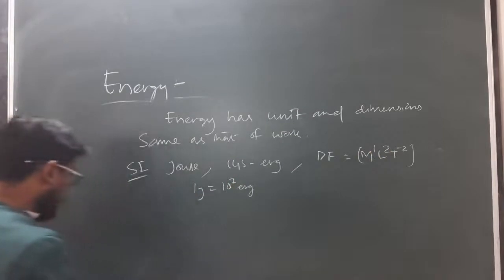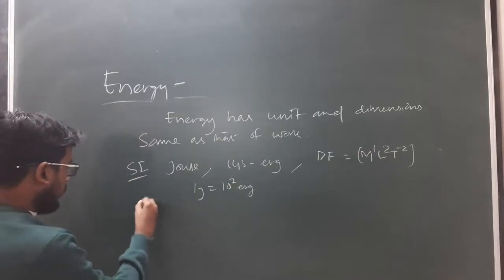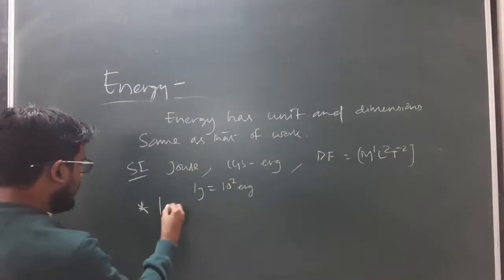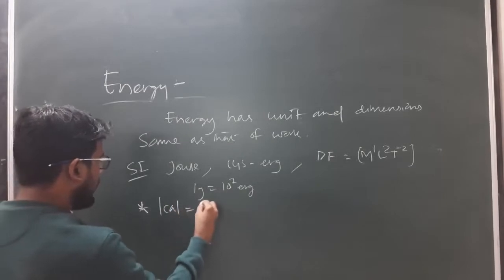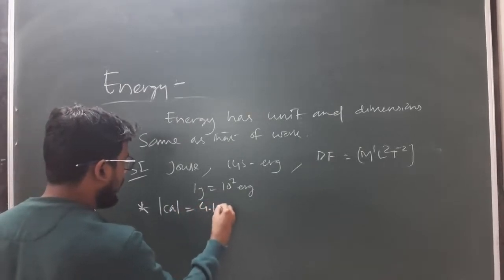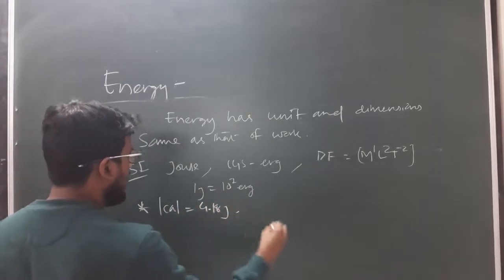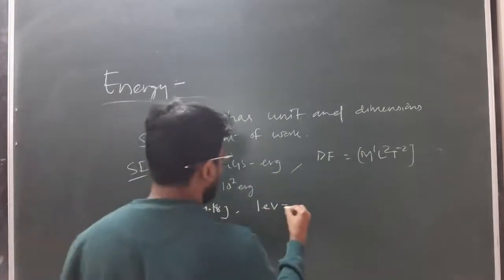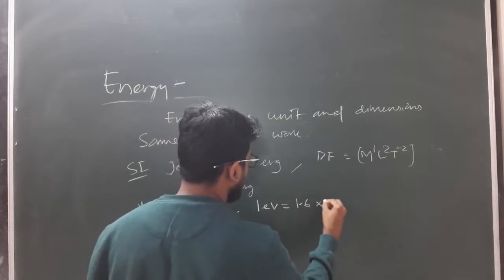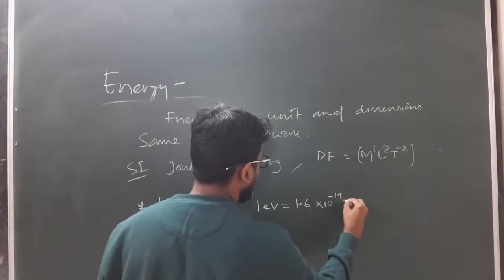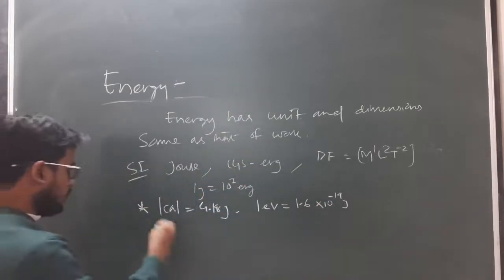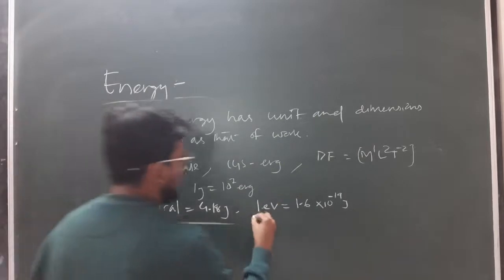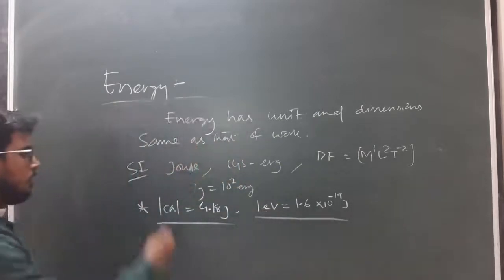Okay, there are some other important units of energy, that is calorie. 1 calorie can be defined as 4.18 joule, and another unit is 1 electron volt, which can be defined as 1.6 into 10 to the power minus 19 joule. You have to remember these two values or units for further studies.